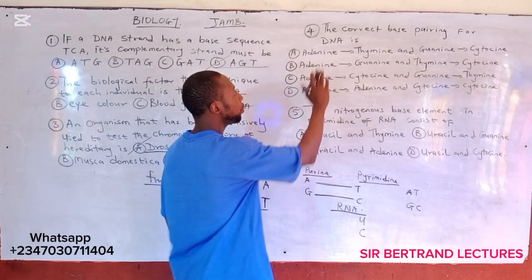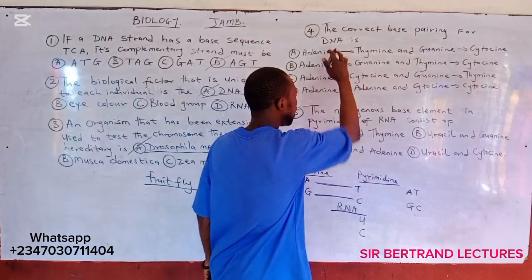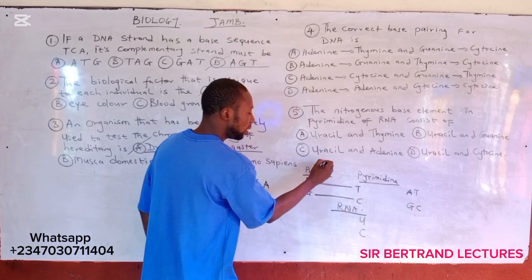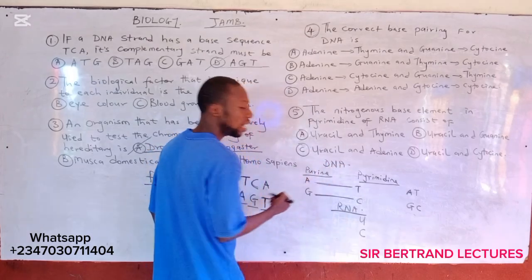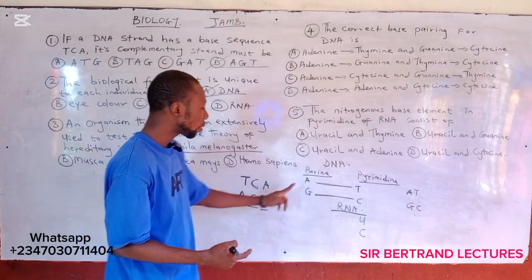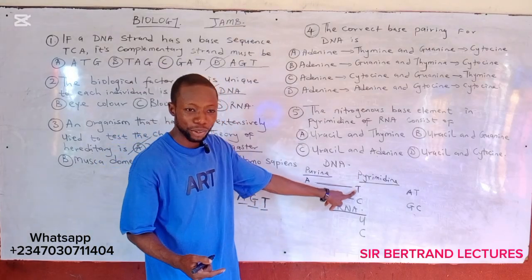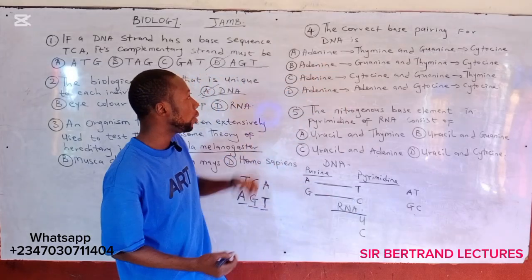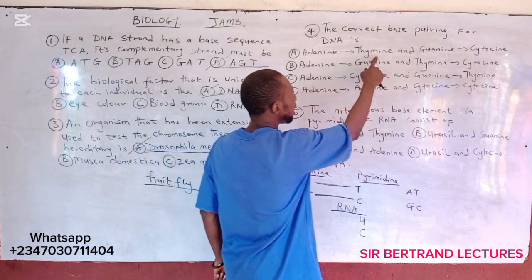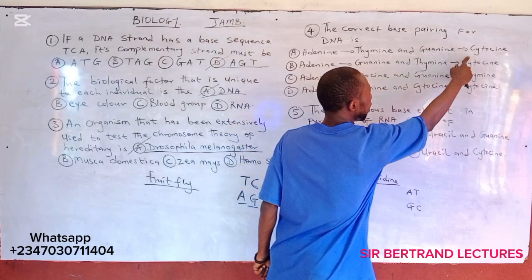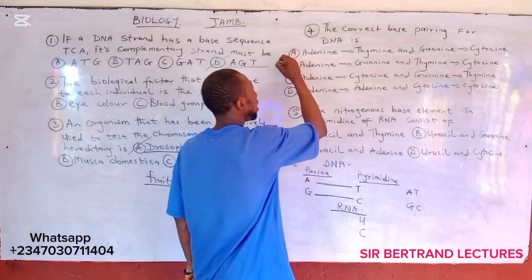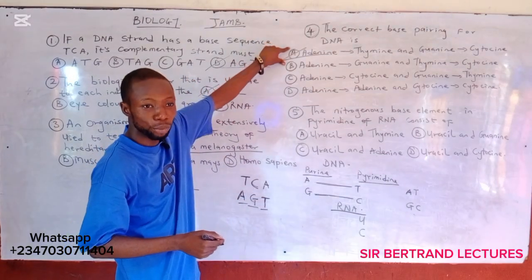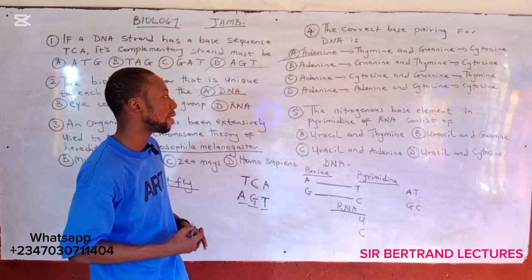But the question is asking for the correct base pairing for DNA, so we are not going to use the RNA one. How do they pair? Adenine pairs with thymine, and guanine pairs with cytosine. That is the correct base pairing sequence. Option A is the correct answer.